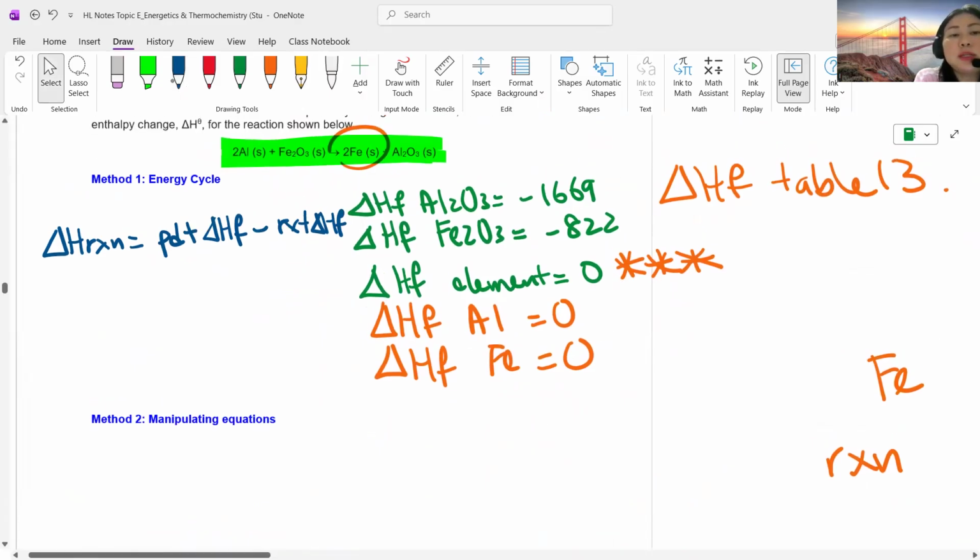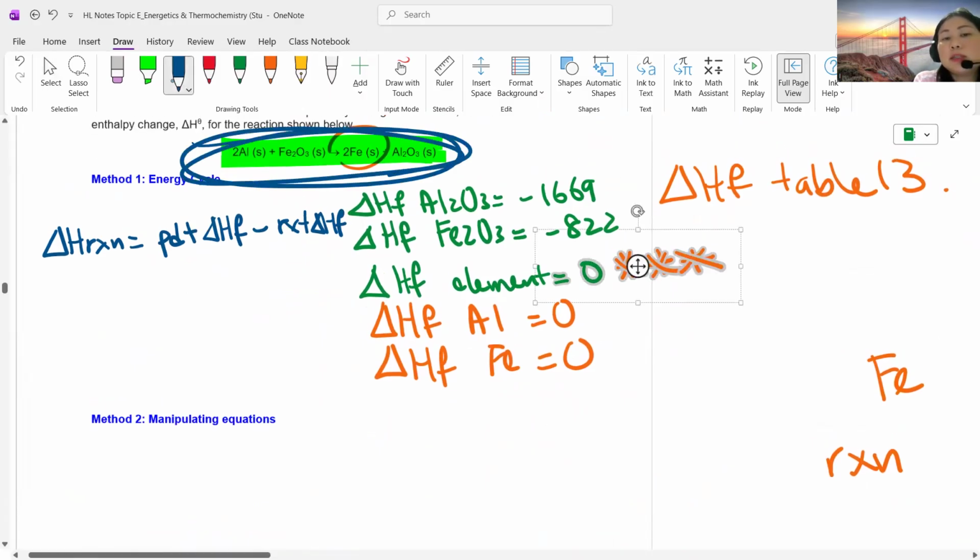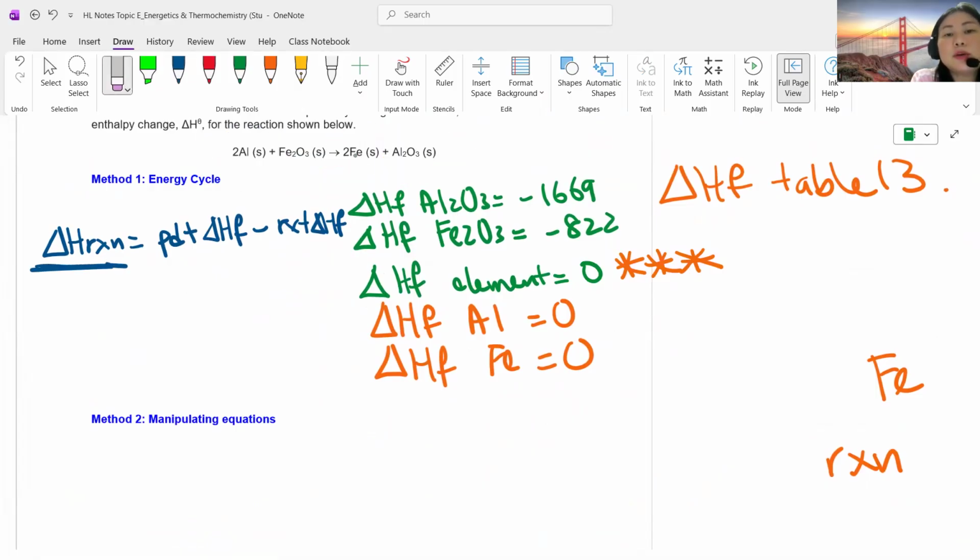In this reaction, this side is called the product and this side is called the reactant. So I must take the product ΔHf values, sum them up, minus the reactant ΔHf values.